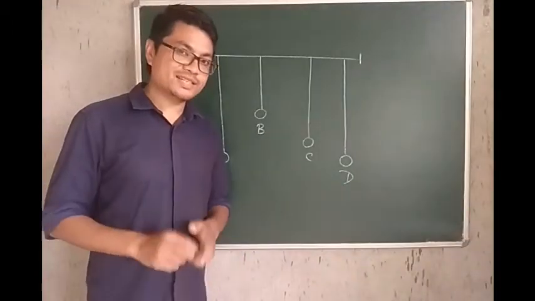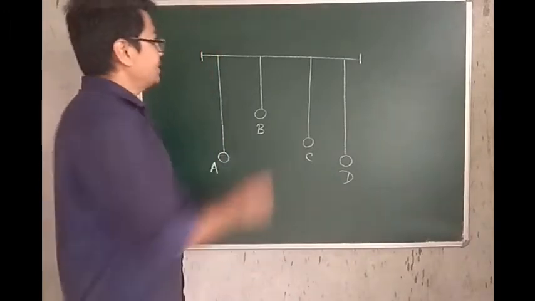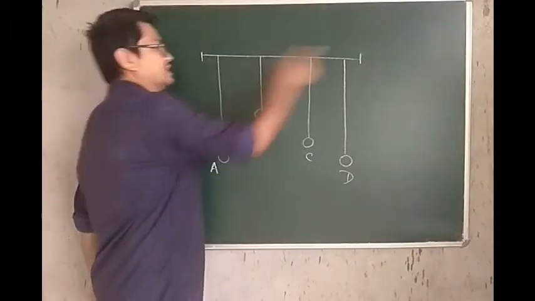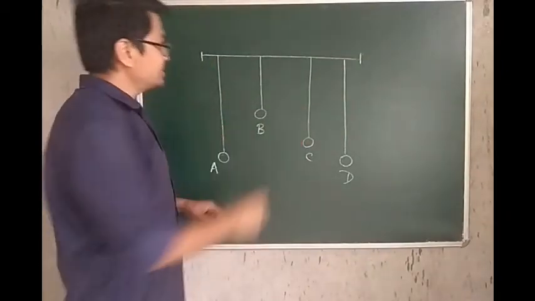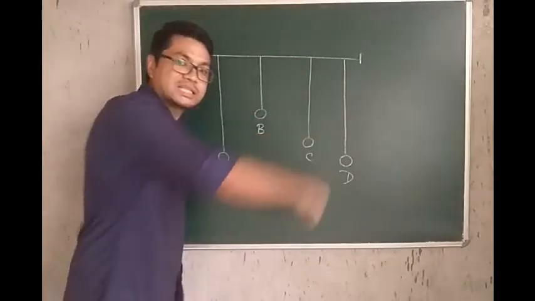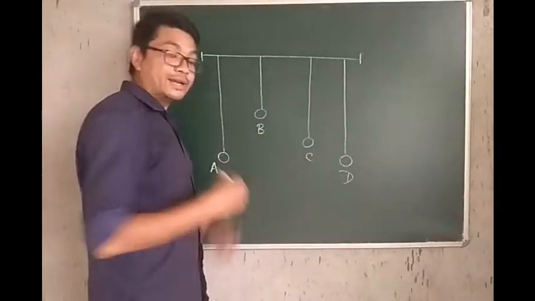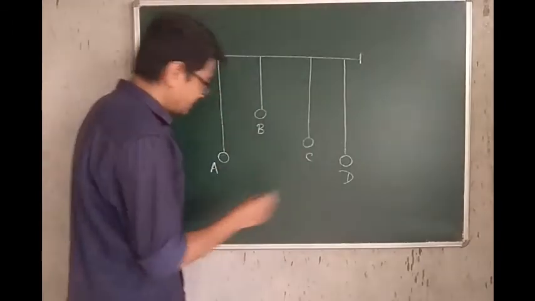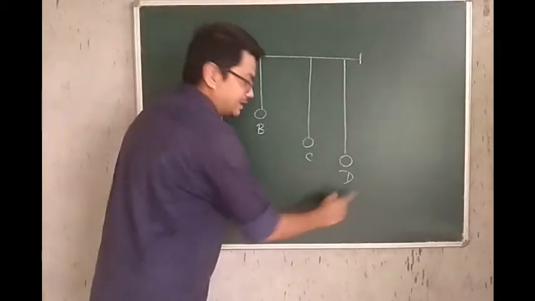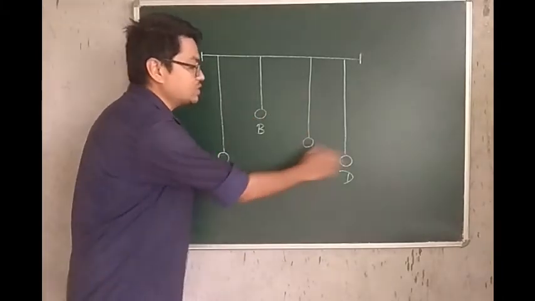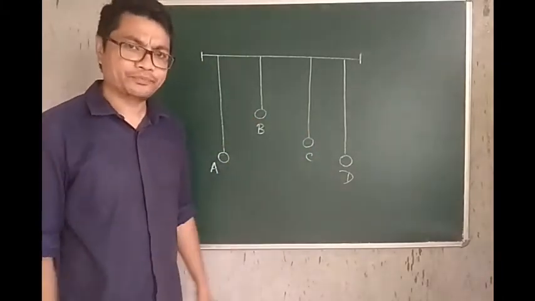To give you another example of resonance, say we have a string which is fixed at two ends, and from this string we have four simple pendulums suspended. As you can see, we have pendulums of different lengths, but A and D are of the same length, and of course the bobs of the pendulums are the same.